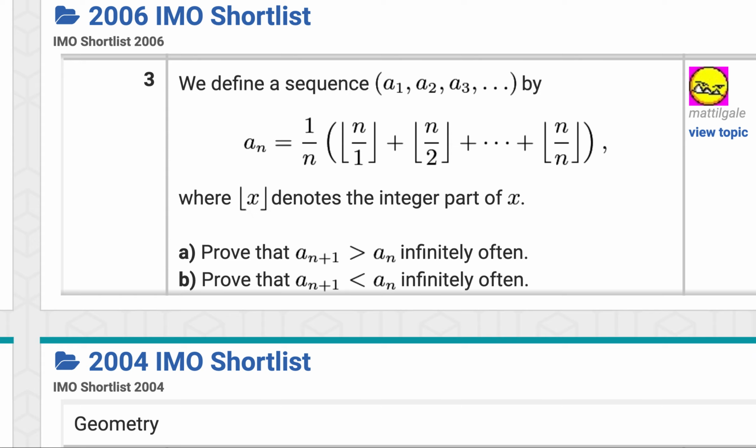Okay, prove that a sub n plus 1 is greater than a sub n infinitely often. This might actually be approachable by limits.